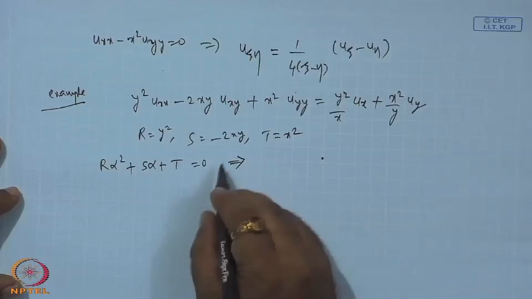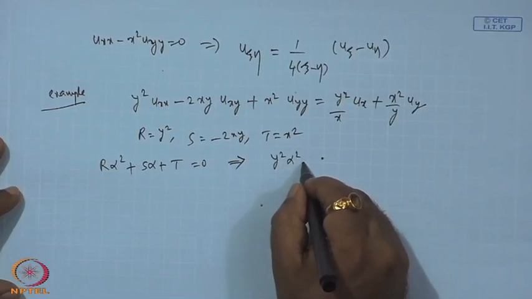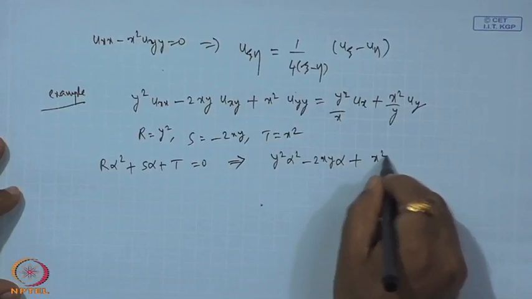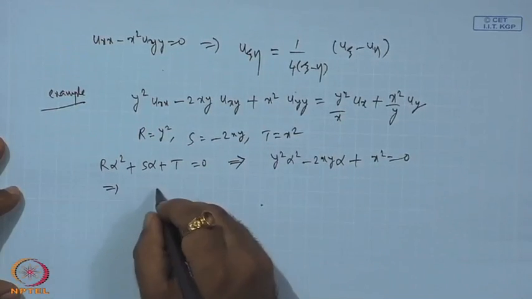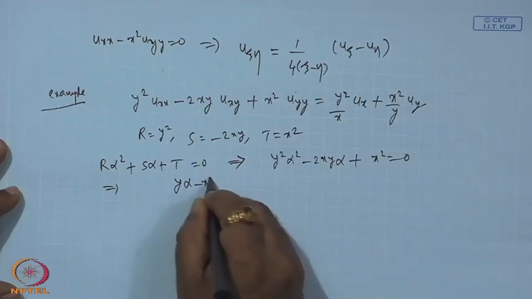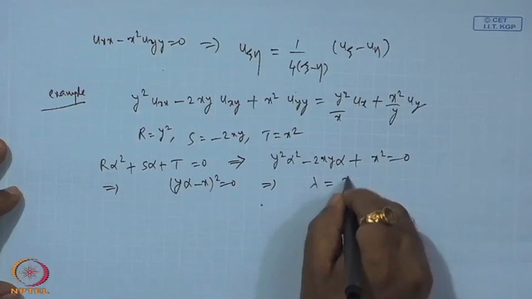So, we get, so this implies lambda equals x by y.